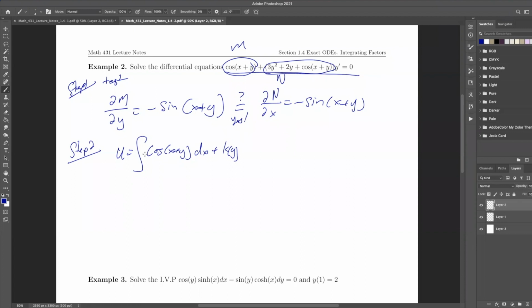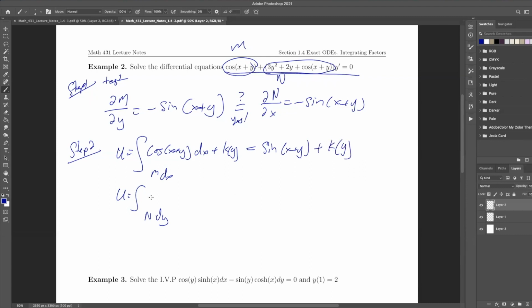So this is m dx, right? Then we're going to do it again for the integral of n dy. Here, this becomes sine of x plus y plus some function of y I don't know about.